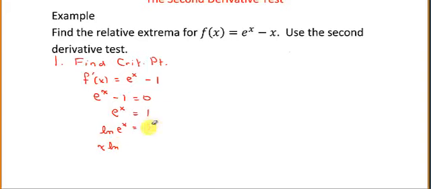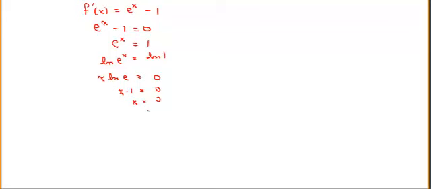I forgot to take the natural log of 1. I have to take the natural log of both sides. x times natural log of e is the natural log of 1, which is 0, and the natural log of e is 1, so we have x times 1 is equal to 0, x is equal to 0. And of course, we knew that if we raise e to the 0 power, we get 1. So x equals 0 is a critical value.